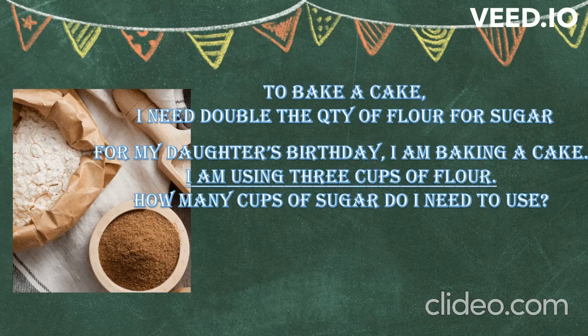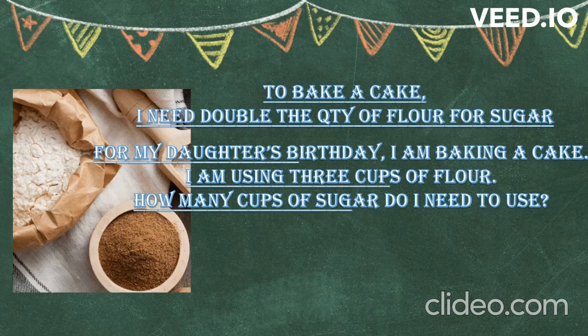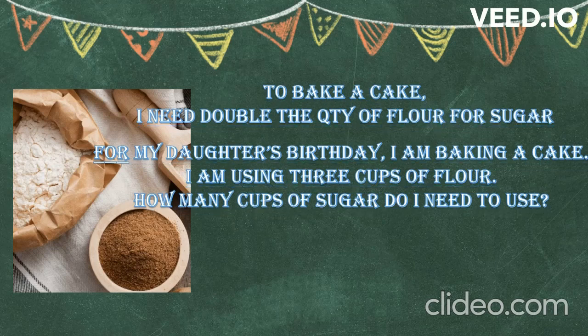How many cups of sugar do I need to use? That is a question. Let's read the question one more time. To bake a cake, I need double the quantity of flour for sugar. For my daughter's birthday, I'm baking a cake using 3 cups of flour. How many cups of sugar do I need to use?